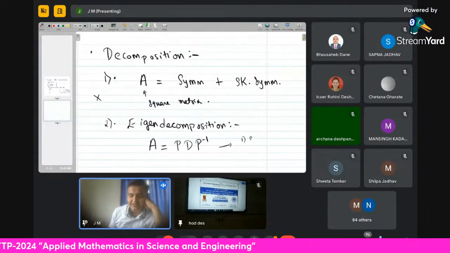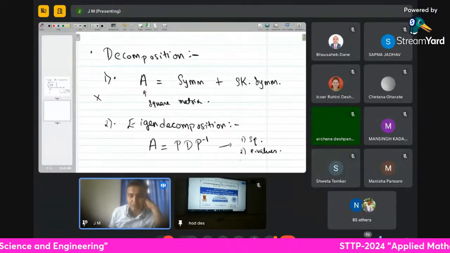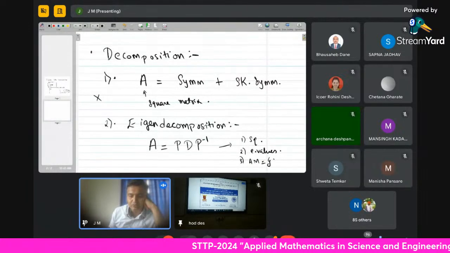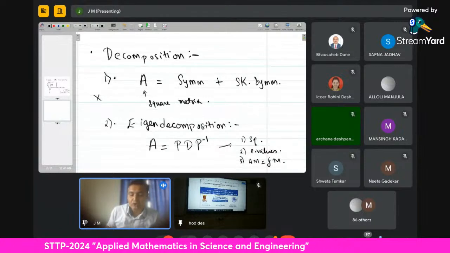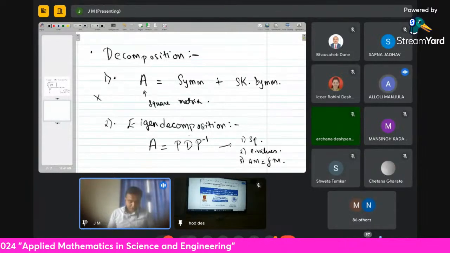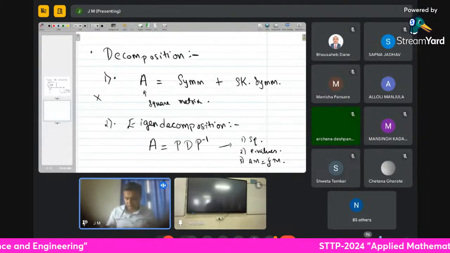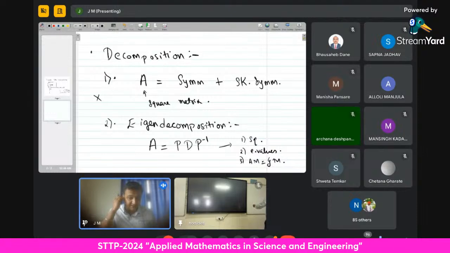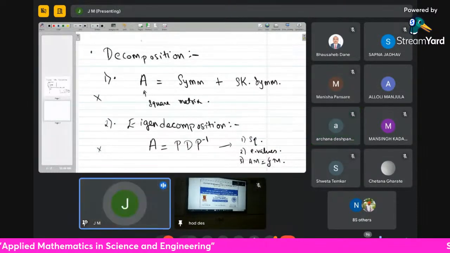The first thing is it has to be a square matrix, and the eigenvalues should exist. Yes, correct, madam. Your algebraic multiplicity should be equal to geometric multiplicity for all the eigenvalues. So diagonalization is for some limited square matrices and not for all square matrices. That's why it is a good decomposition, no doubt, but we cannot use it for all matrices, especially non-square matrices.